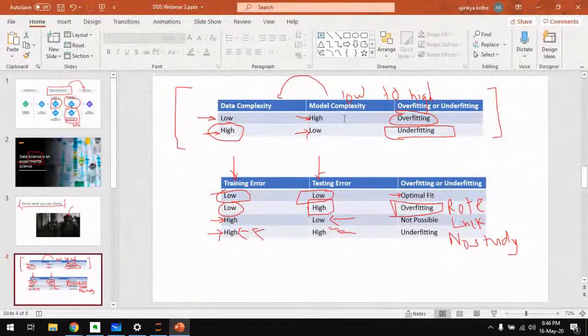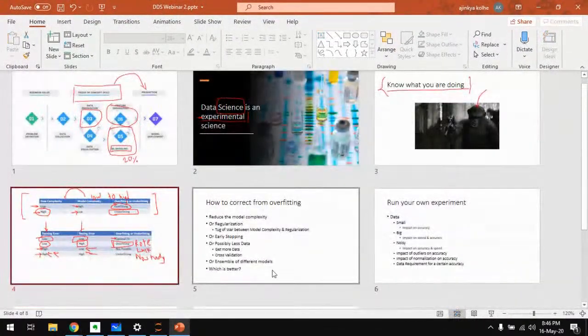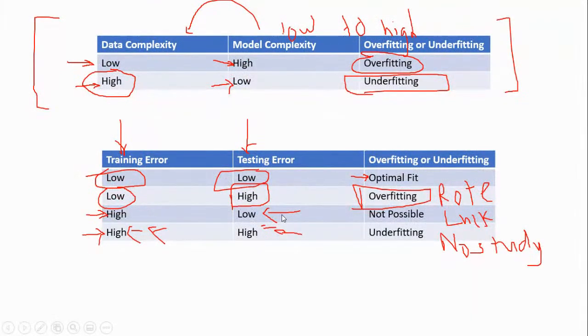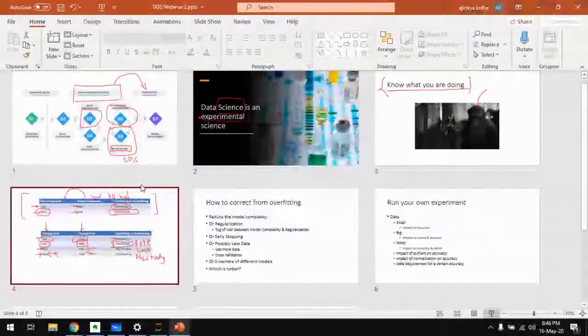If we go to this matrix now, what's happening? I think in the linear model, the training error was less, but in the complex model, the training error was high. Okay. So actually what happens is, the more complex the function comes.